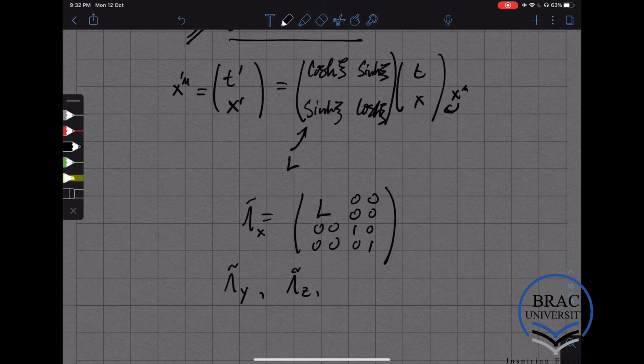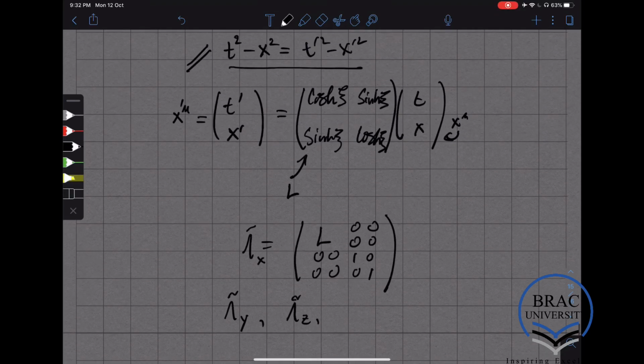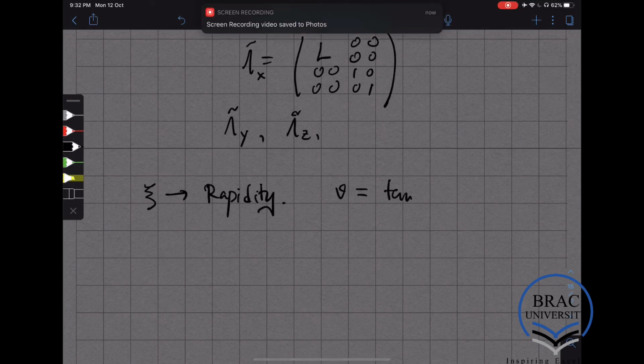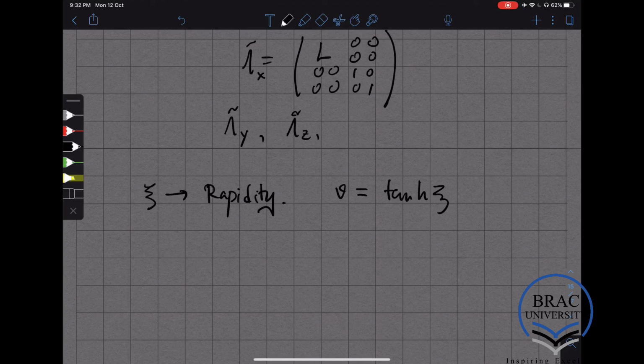Okay, so this parameter psi is called rapidity. And this is related to the physical velocity v by v equals tanh of psi.